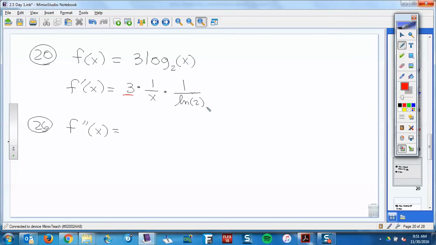So what I want to do is take this and put those together as this, and then my 1 over x would be x to the negative 1. Now that's a much better thing to do the derivative of, because what I have is a number just hanging out in front. So the 3 over ln 2 is just going to hang out there. And then now I'm just going to do this derivative. So I'll bring the negative 1 over here.